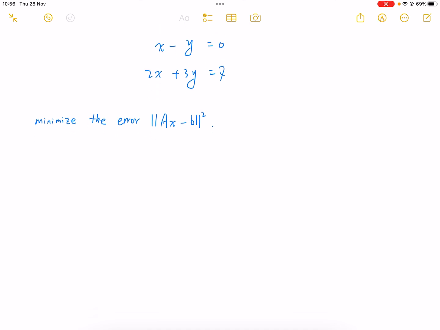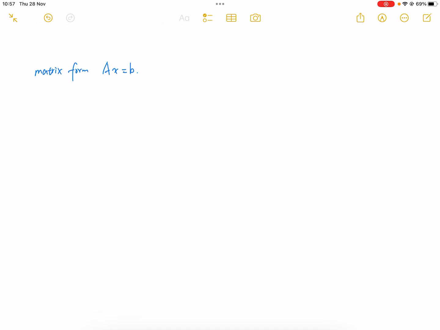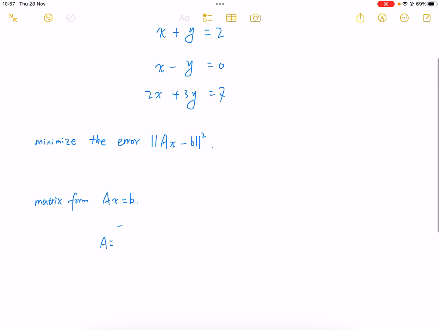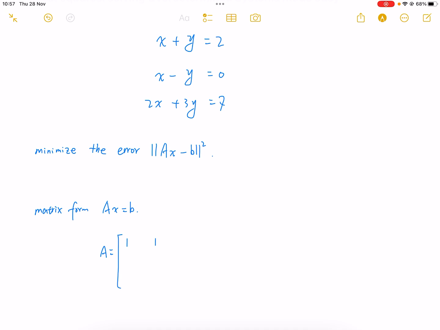So first, let's express this system in matrix form, Ax equals b. So we have A, with rows 1, 1, then 1, negative 1, and 2, 3. x is the vector of x and y.